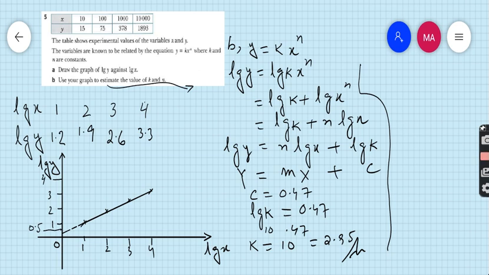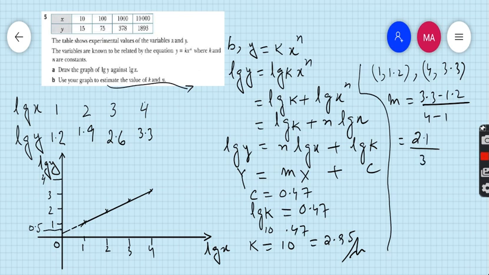So I am taking 2 points, (1, 1.2) and (4, 3.3). m equals y2 minus y1 upon x2 minus x1. 3.3 minus 1.2, the answer is 2.1. 4 minus 1 is 3. 2.1 upon 3 is 0.7.